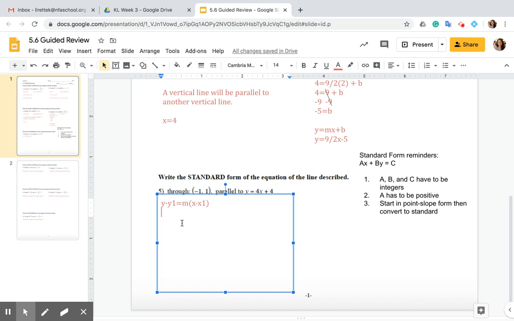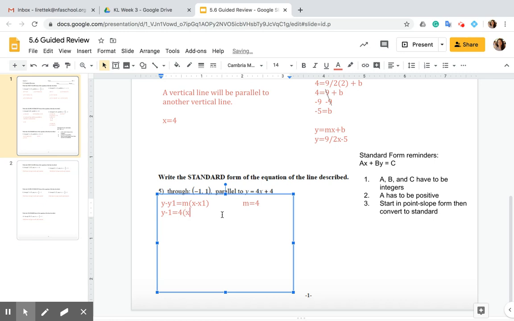So point slope, I'm going to write y minus the y value, which is 1, equals, and then up here, my slope that I want. I need to use the same slope, the original slope, because it's parallel. The original slope is 4, so that's what I'm going to type here.